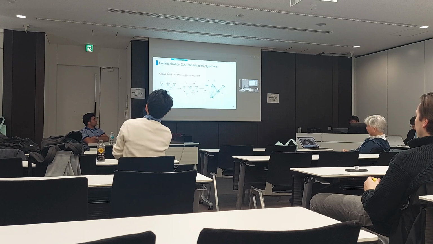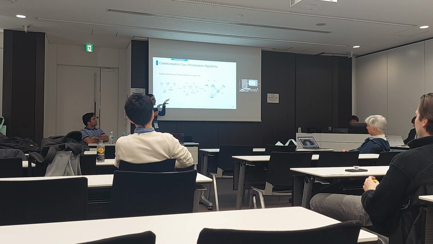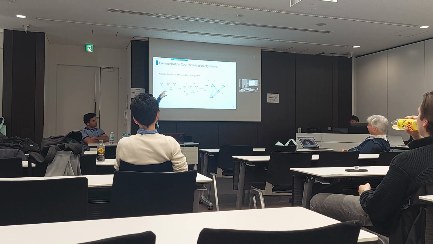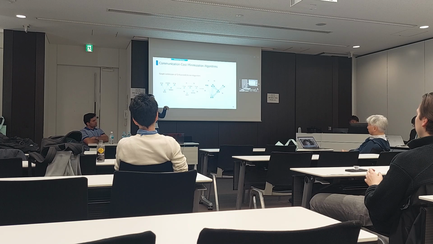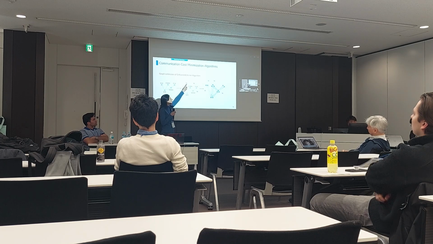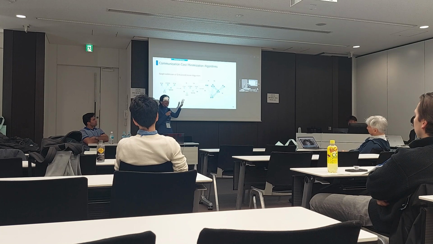Here, I only want to mention one step of the EnhancedSteiner algorithm. It is a visualized version of this algorithm, only the first part of it. In a graph, suppose that these are the experts with different skills. At first, the algorithm tries to generate an augmented graph in a way that for each of the skills that exist, one skill node is added to the graph, and then that skill node is connected to all the experts associated with that skill.